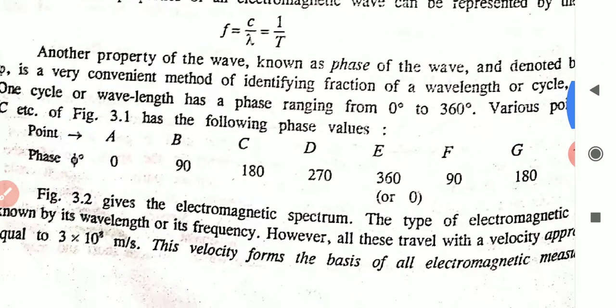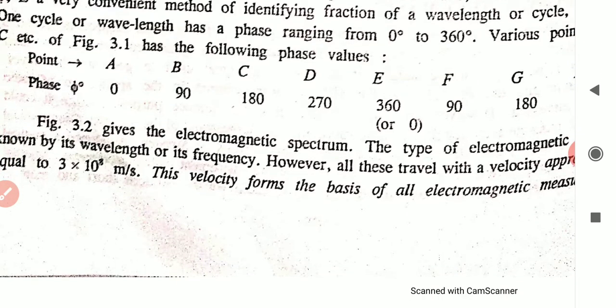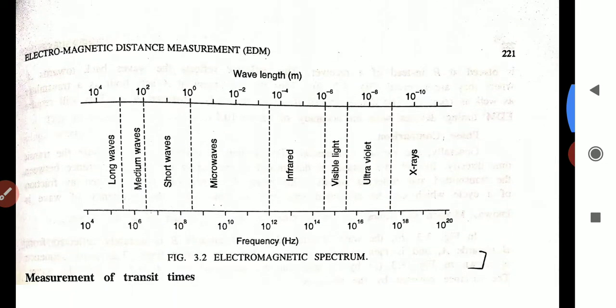I already explained phase and points. Let's come to this figure. This is the electromagnetic spectrum. The types of electromagnetic waves are known by their wavelength or their frequency. However, all of these travel with a velocity of approximately 3 into 10 raised to 8 meters per second. This velocity forms the basis of all electromagnetic measurements.